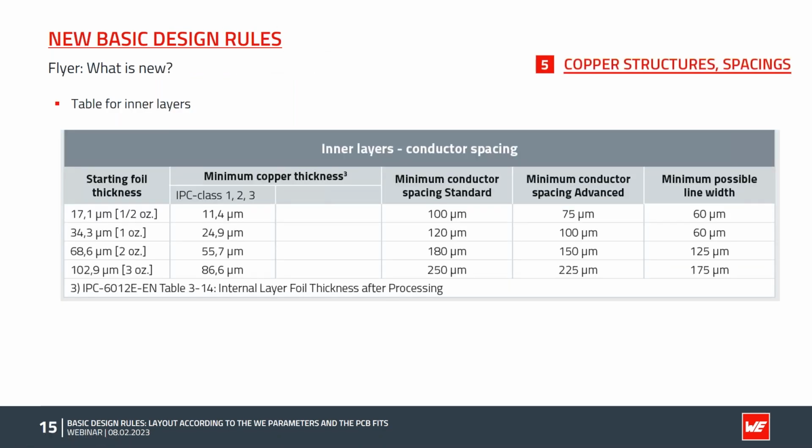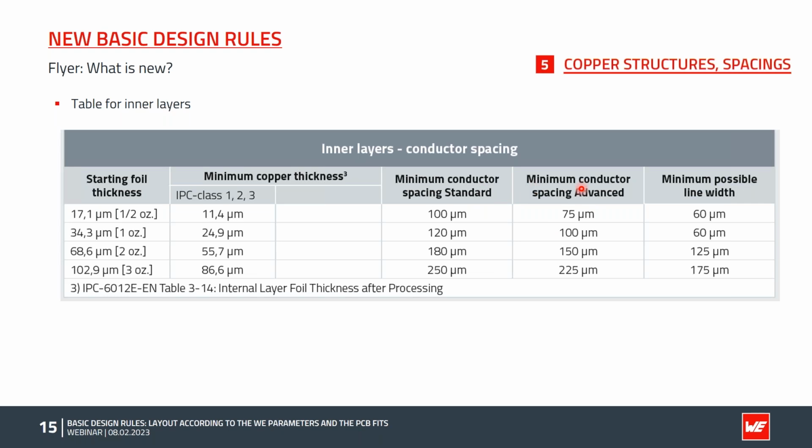And this is a new table for inner layers. So what's new here? As already mentioned at the very beginning, we have different categories. We have standard and we have advanced category. And the values are different, of course. These are all values for the conductor spacing or copper spacing.